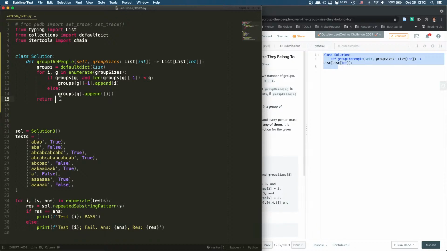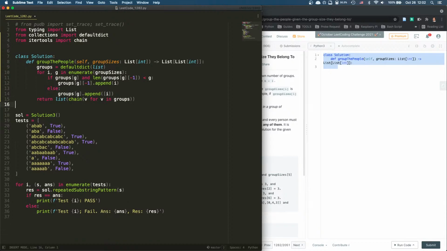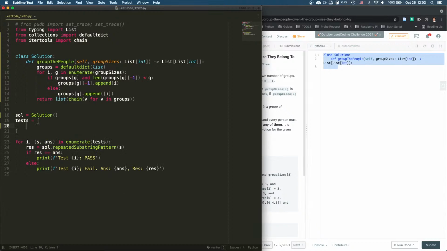Let's say list chain, chain what? v for v in groups, like that? I'm not sure. All right, let's try it. I think that's how you use chain, right?